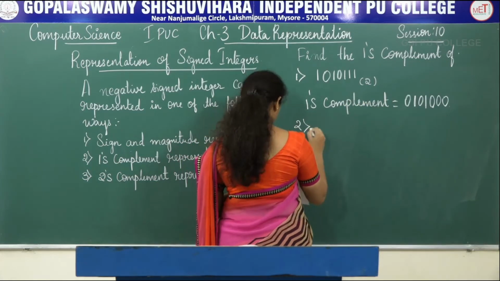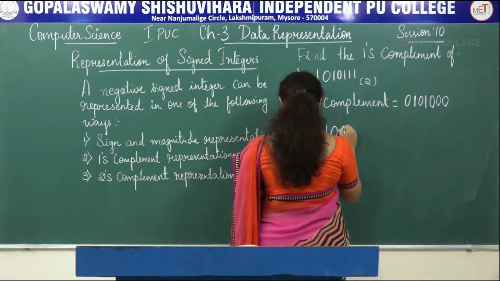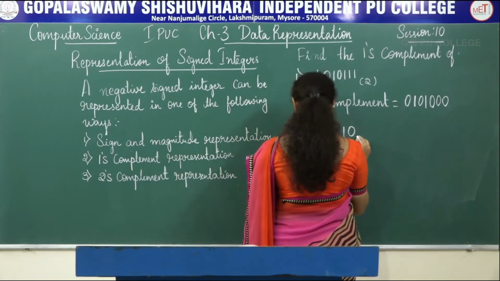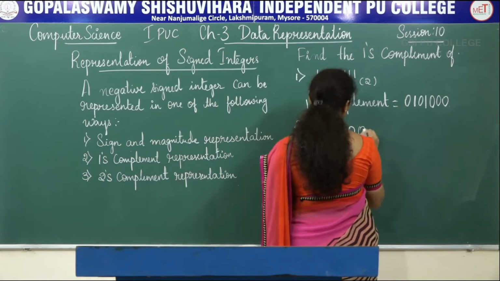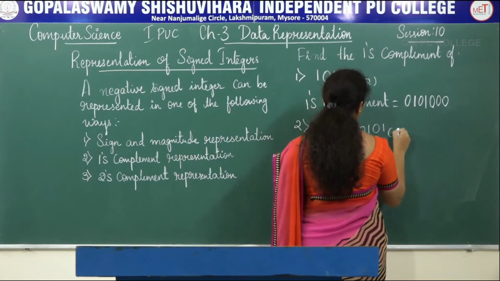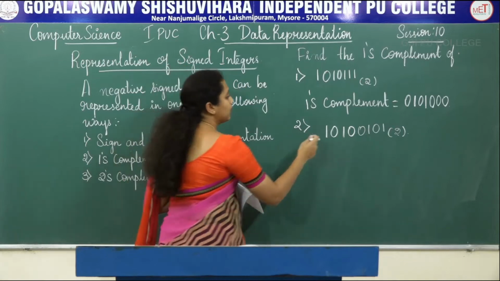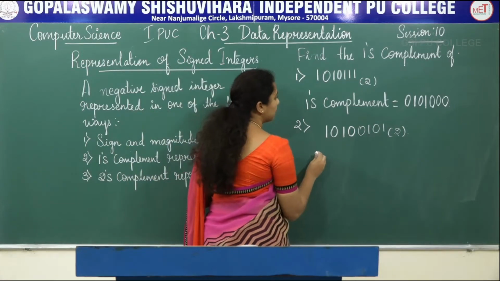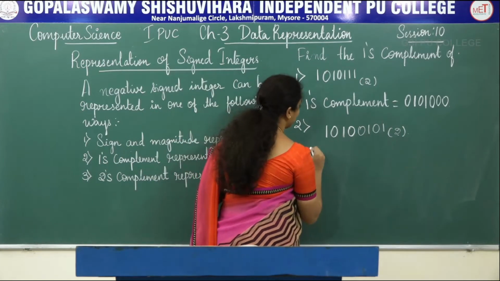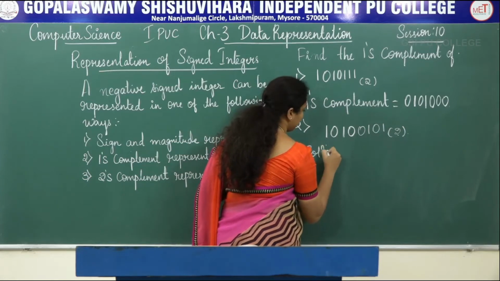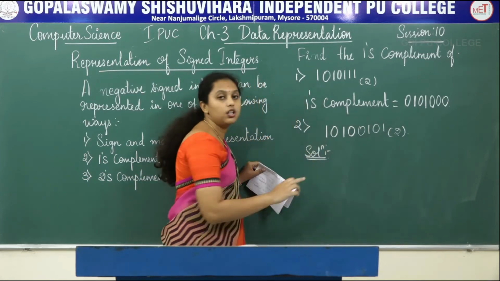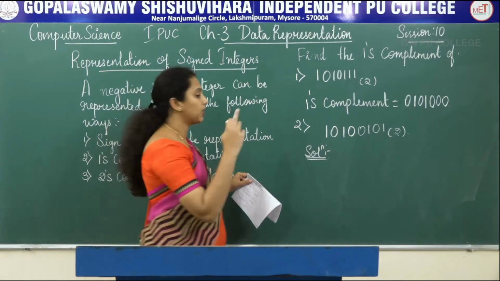Next problem, 1, 0, 1, 0, 0, 1, 0, 1 base 2. So what is the ones complement of this number? The ones complement of this binary number is, change all zeros to ones and ones to zeros.